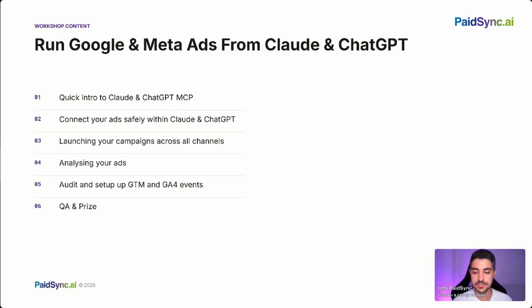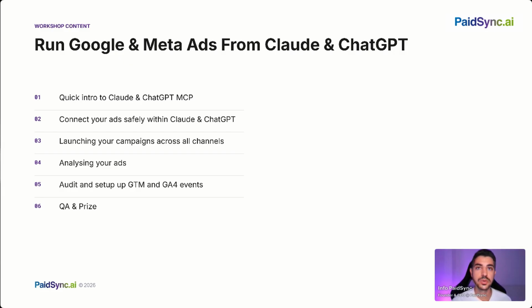So yeah, this is today's agenda. We're gonna walk you through a quick intro. What is Claude and the ChatGPT MCP? Just in case you're not aware what MCP even is, we're gonna connect your ads safely with AI. How do you actually ensure your ads are connected with reliable third-party connectors with Claude or ChatGPT or any large language model chat you prefer?